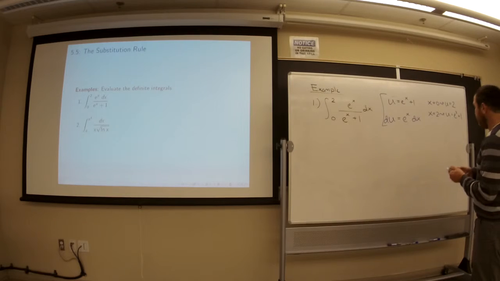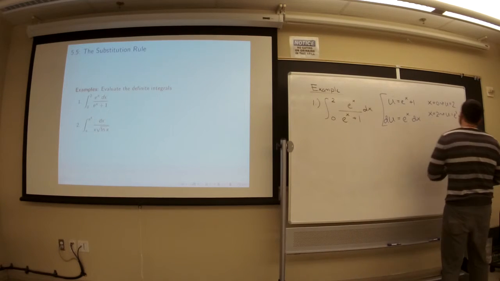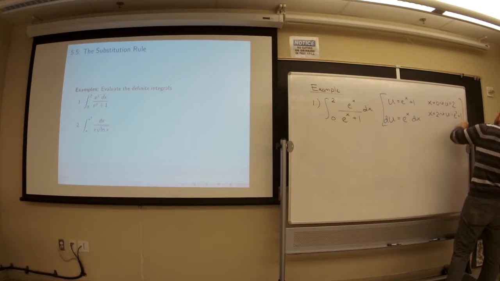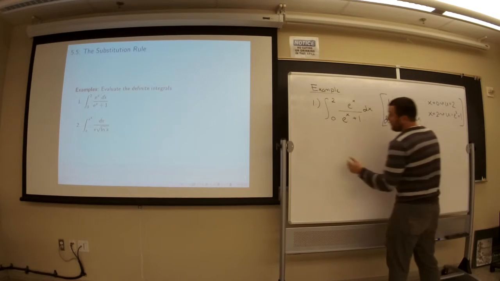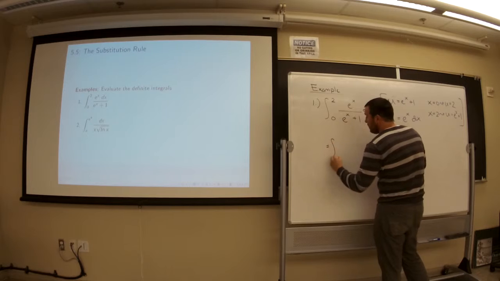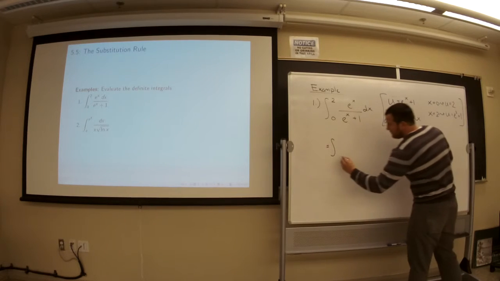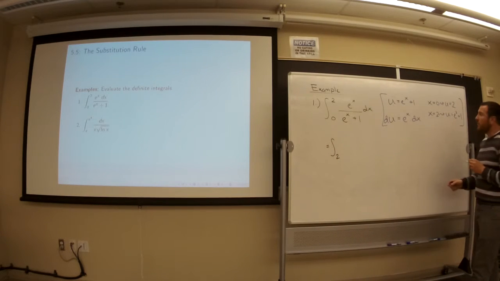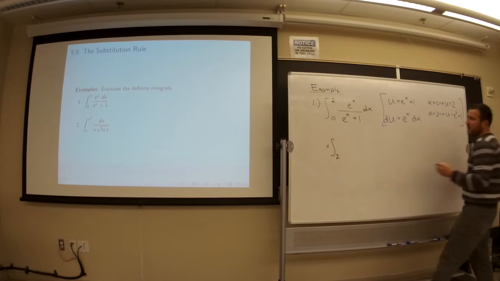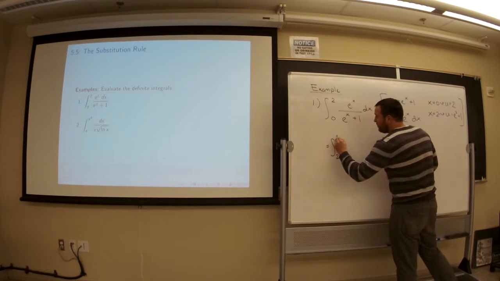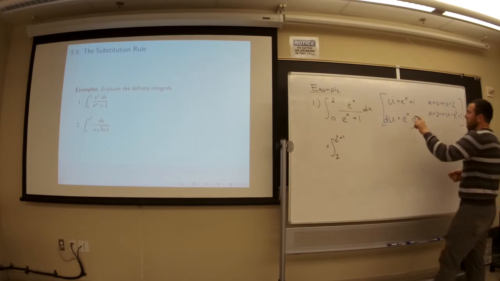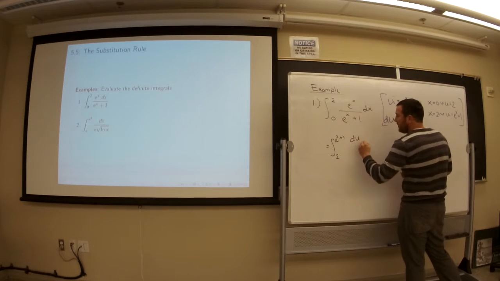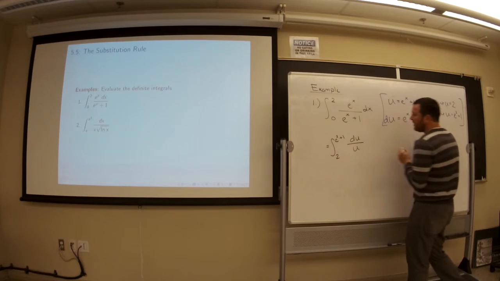So, substituting everything in, we can write this all just as a u definite integral. So it'll be the integral from 2 is our new lower limit, up to e squared plus 1. And now our new integral is e to the x dx is now du, and that whole denominator is just u.